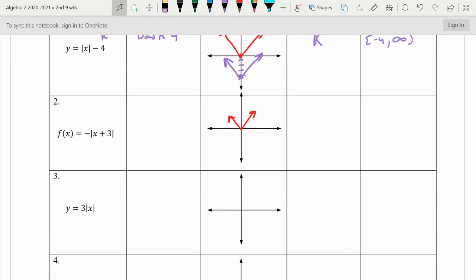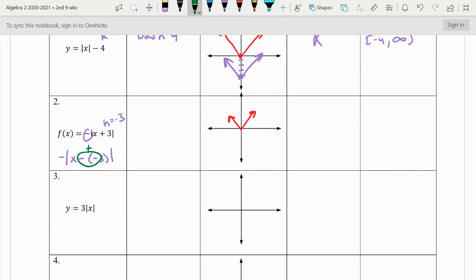So here we have negative absolute value of x plus 3. We've got this negative here and our h here. Remember, it's the opposite of the finished product. It's a negative 3. If you remember your absolute value function, x minus negative 3, that double negative there is what's going to make it positive. So remember, h is negative 3.